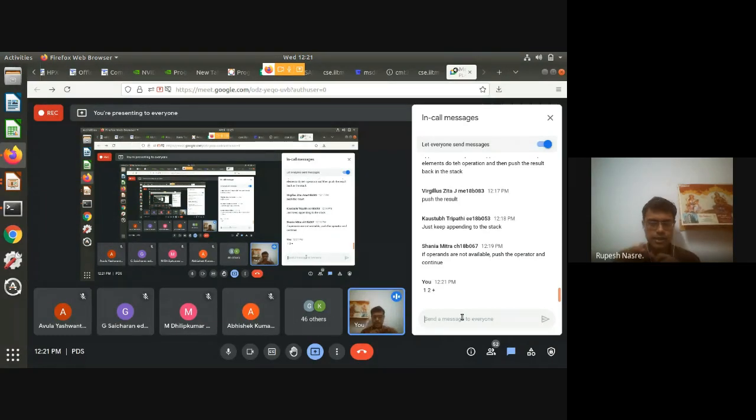When plus is encountered, at that time, I'm going to remove these two elements from the stack, add them according to the plus, and push 3 to the stack. Right? So this is the algorithm that I'm going to follow. Now I want an expression, possibly a larger one, where when I encounter some operator like plus, the two operands are not there and the expression is valid.